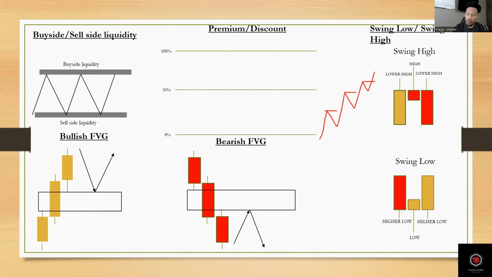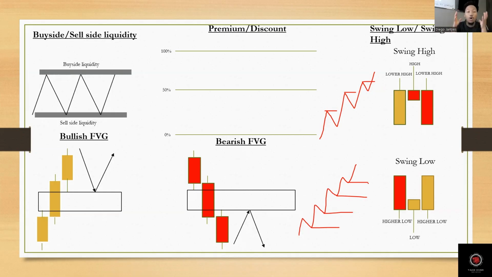Okay, swing lows will consist of an actual low, as you can see right there, and we need to have a higher low to the left and a higher low to the right as well. Swing lows come through with your sell side liquidity. So where will you find your swing lows? Right there at your lows. Okay, so that is it when it comes down to swing highs and swing lows.